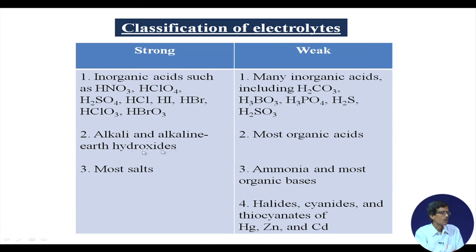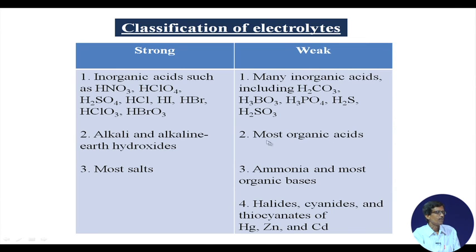Similarly, in terms of the corresponding hydroxides, all of the alkali and alkaline earth hydroxides are strong enough, like your sodium hydroxide and calcium hydroxide. But the weak electrolytes of this category will be most organic acids, as I just told you, the acetic acid and all other organic acids, similarly benzoic acid and all others.